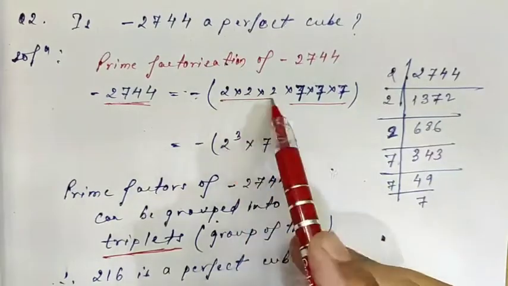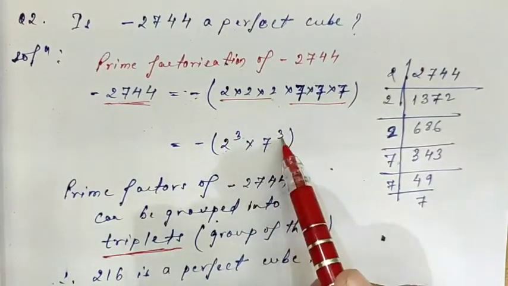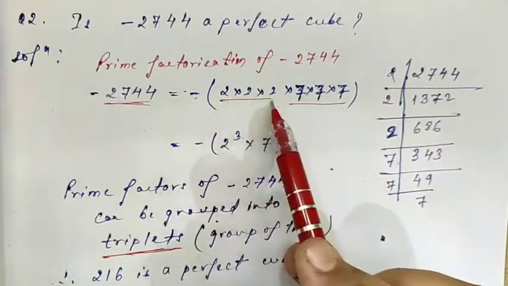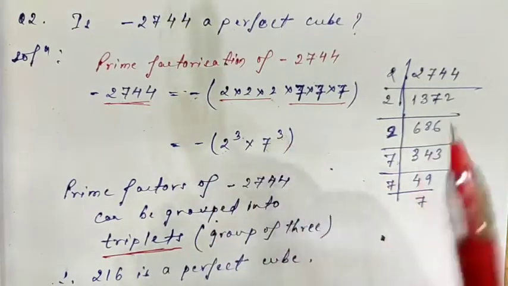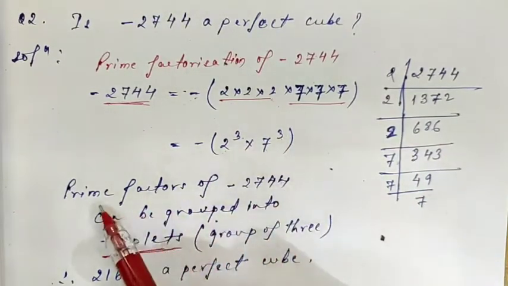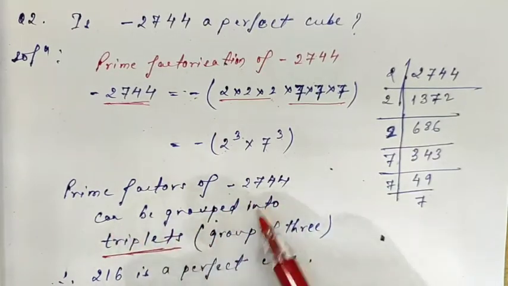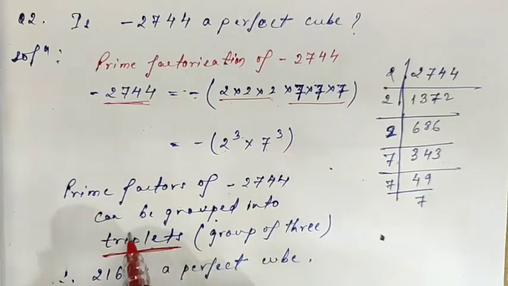As you can see, 2 is forming a cube, a triplet. 7 is also forming a cube. There are three 7s and three 2s, so I can write it as minus 2 cube multiplied with 7 cube. Prime factors of minus 2744 can be grouped into triplets. This is a very important term.